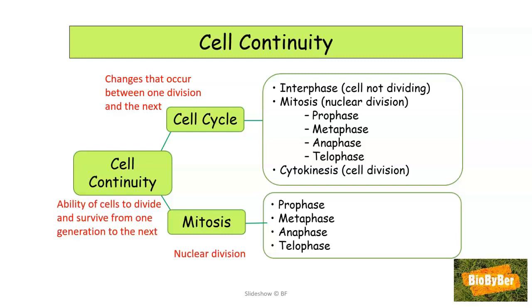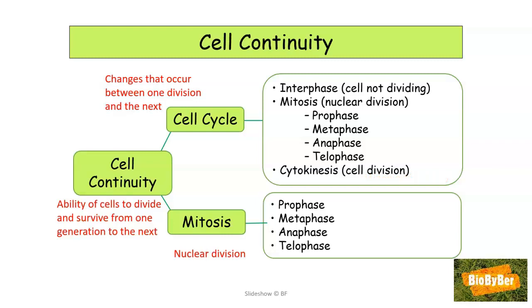If we have to describe the cell cycle, we have to include all the phases. We have to include an account of interphase, where the cell is not dividing, mitosis, which involves nuclear division, subdivided into 4 stages, prophase, metaphase, anaphase and telophase, and finish the account with cytokinesis or cell division.